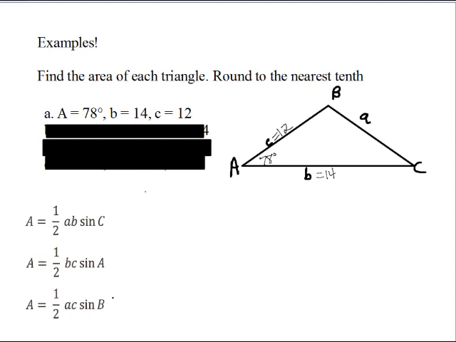Let's see. So I'm given 2 sides and the included angle. So here are my 2 sides. Which one is it? Well, I have to use this one. So just plug in what you know. I'm just going to say 0.5 for sake of argument. 0.5 and 1/2 are the same. 0.5 times 12 times 14 times the sine of big A, which in this case is 78 degrees.